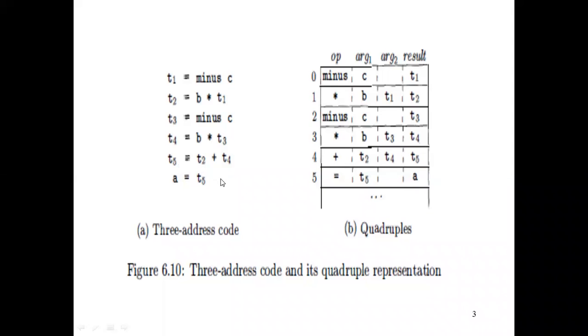And what is T5? T5 is T2 plus T4. What is T2 plus T4?